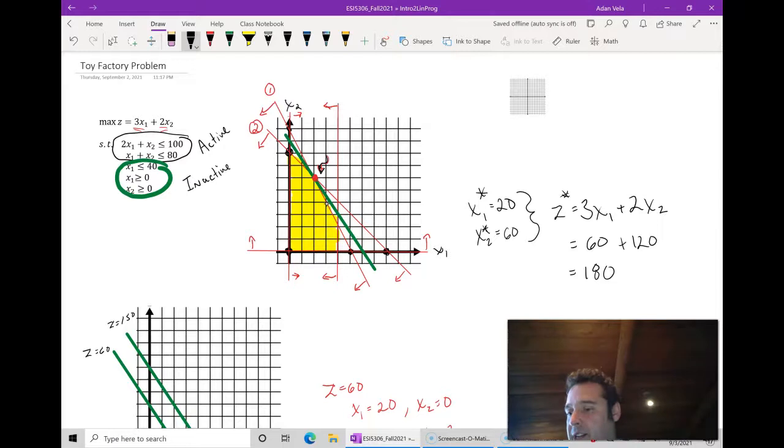Again, sometimes this is called binding, or non-binding.